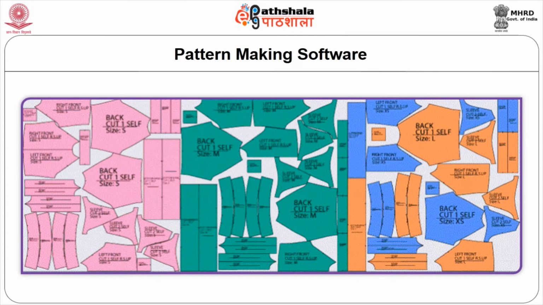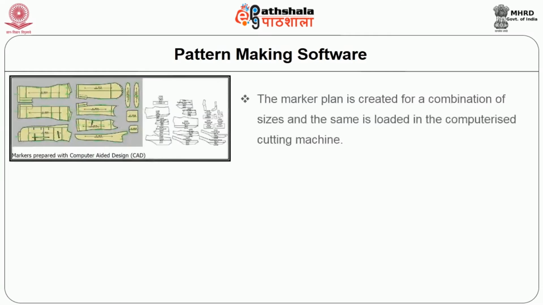Marker planning is another important step which gives an economic layout. The economic layout helps in reduction of fabric, thus bringing down the manufacturing cost. The marker plan is created for a combination of sizes and is loaded directly into the computerized cutting machine.